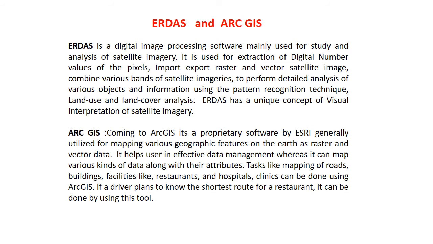If you want to find the shortest route to a hospital or a restaurant, or using Careem or Uber, you can use this tool to find them. The backend algorithm, JavaScript, and Python give you the output.